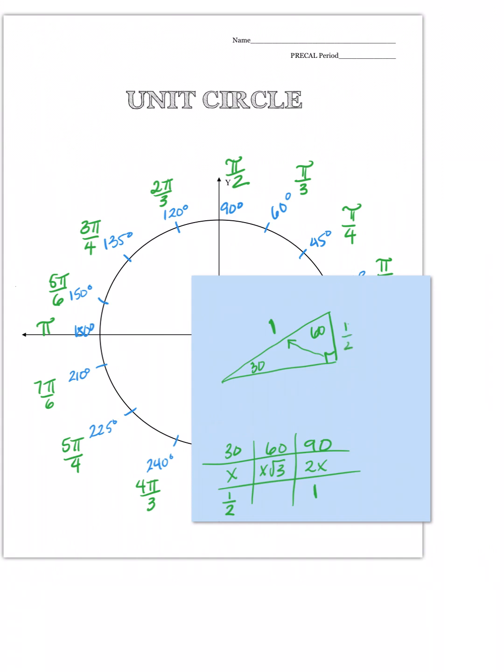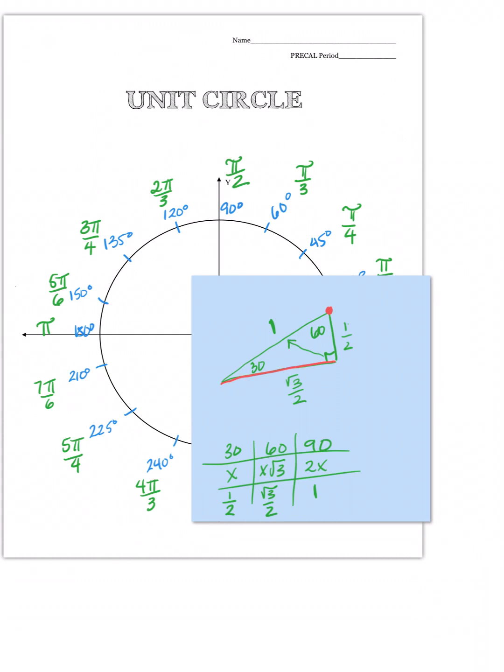And then you just plug it in for the next one. So it's basically square root of 3 over 2 for the side across from the 60-degree angle. Does that make sense? Now, why do I care? Well, here's why I care. This distance is the horizontal distance of this point right here, isn't it?